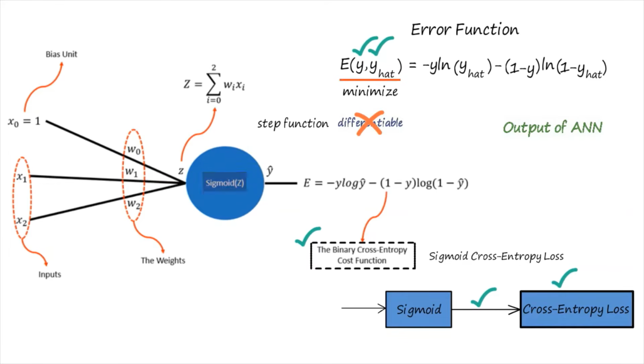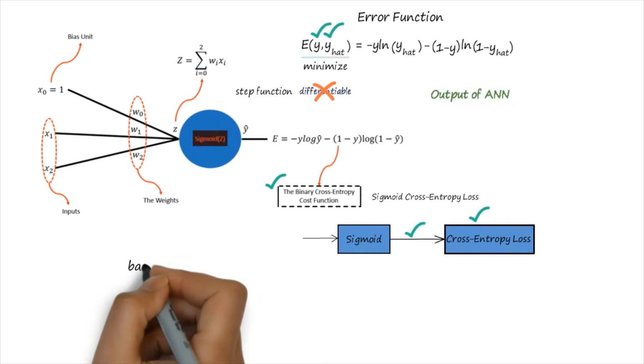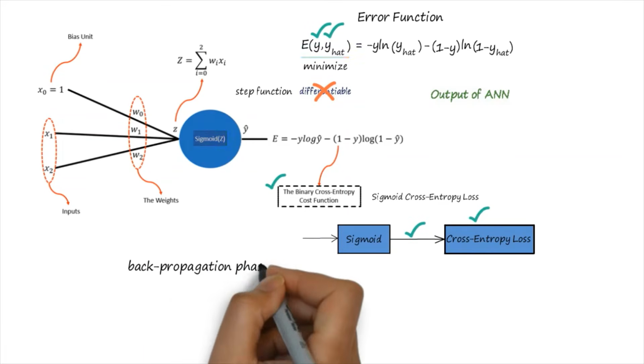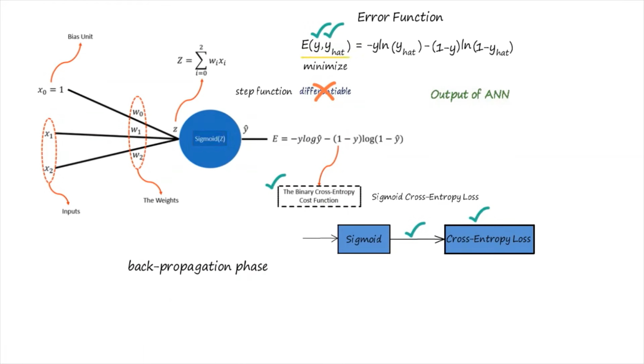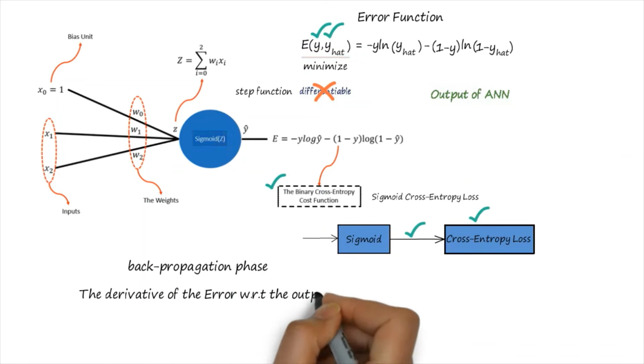But we know that whatever we are using for forward propagation, we are using the sigmoid function and everything. But whenever we are back propagating, we need to track the loss. So during the back propagation phase, we have to perform two things. First, we have to find the derivative of the error with respect to y hat.